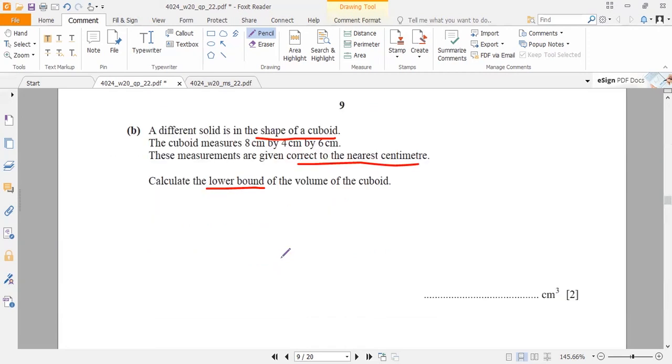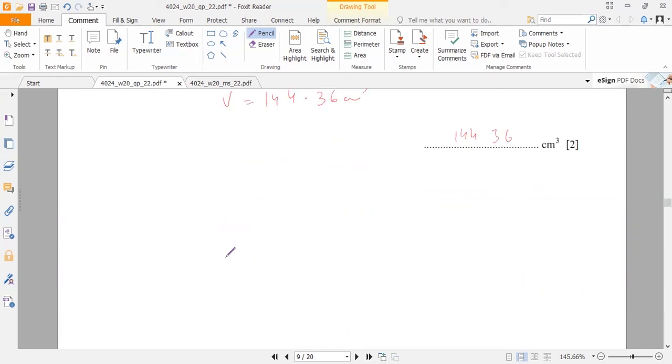So if we are going to find the volume at the lower bound, it will be 8 minus 0.5, which is 7.5, multiplied by 3.5 multiplied by 5.5, and the result will be 144.36 centimeter cubed. This is the volume of the cuboid.